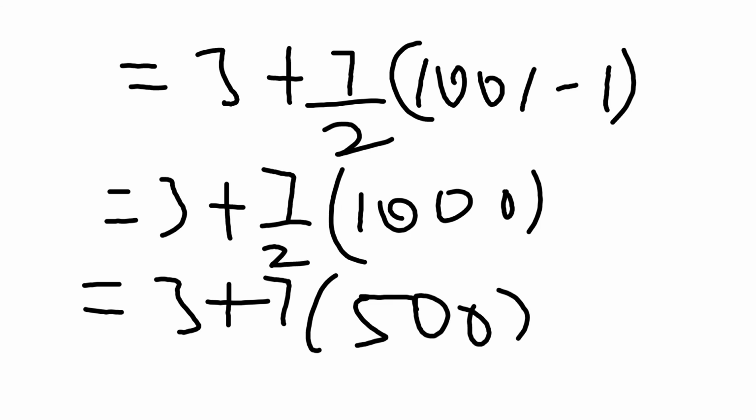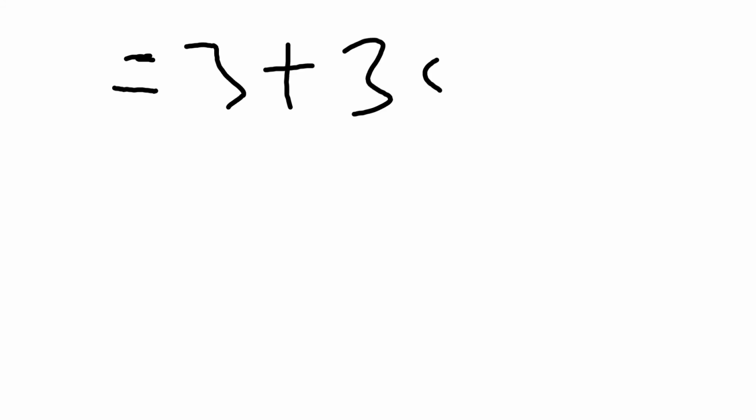So if we continue now, we have 3 plus 7 times 500, that's 3,500.